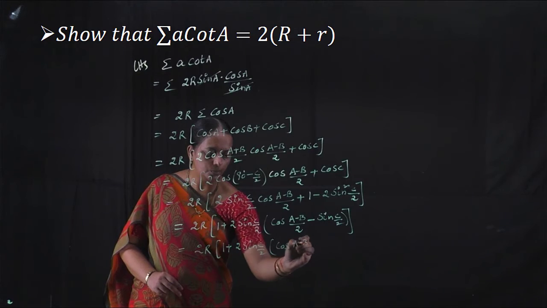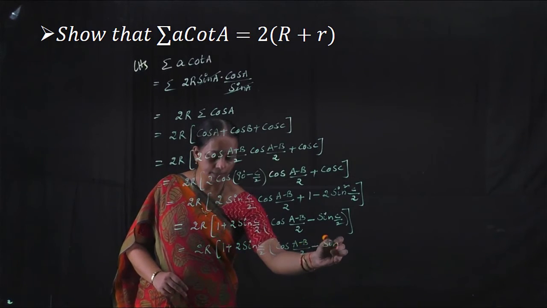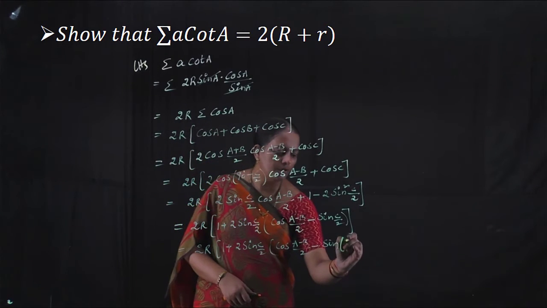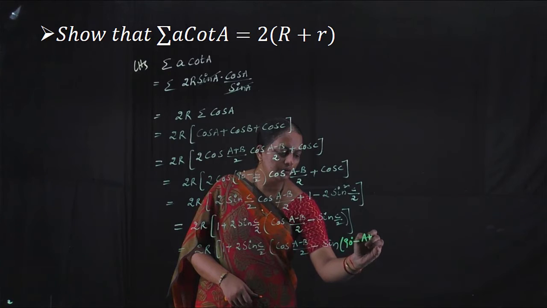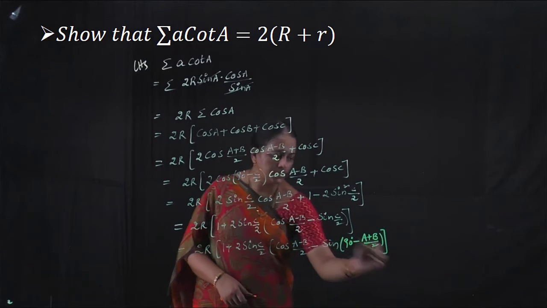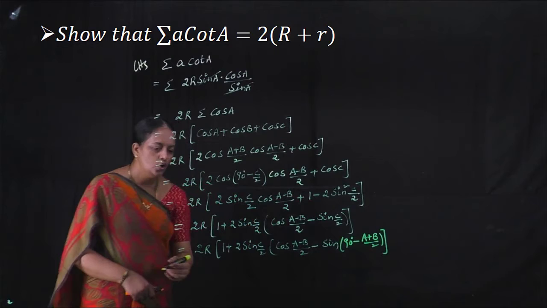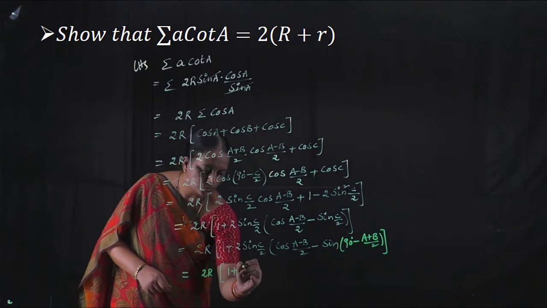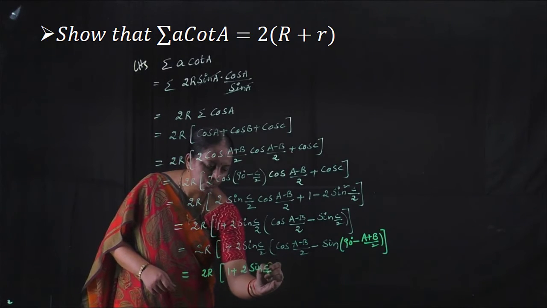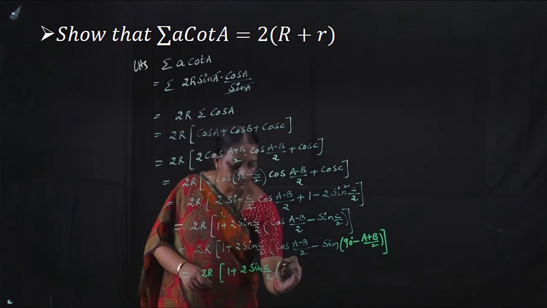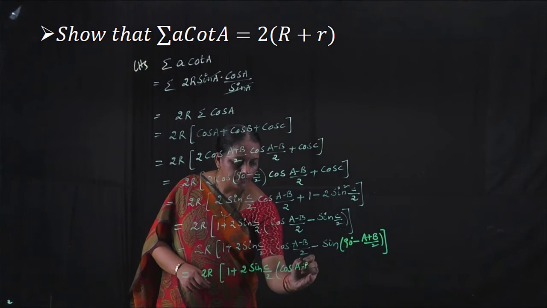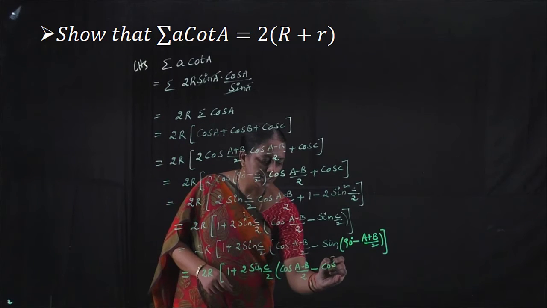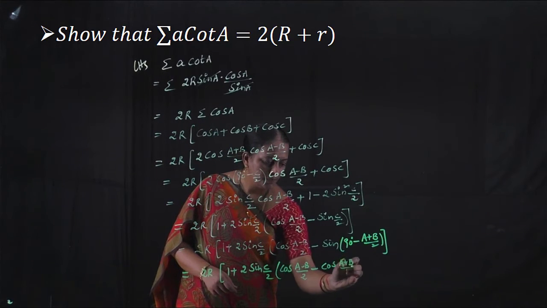Okay, it is equal to 2r into 1 plus 2 sin C by 2 into cos of A minus B by 2 minus sin C by 2 means, C by 2 means 90 minus of A plus B by 2. Okay, this is equal to 2r into 1 plus 2 sin C by 2 into cos of A minus B by 2 minus sin 90 minus theta means cos theta, that is cos of A plus B by 2.